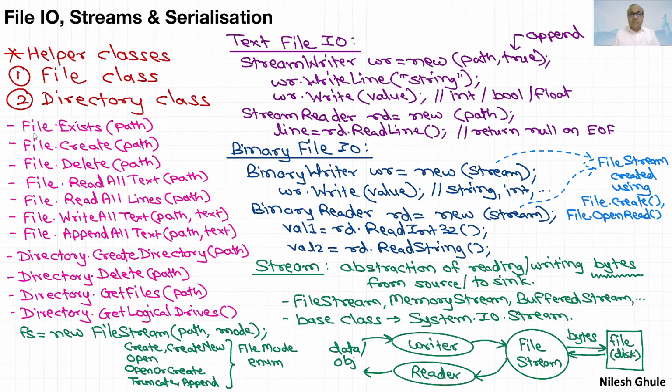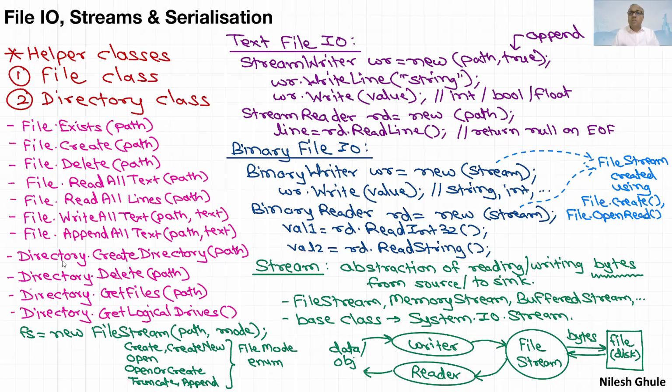You can check that we have a method like File.Exists to check whether the file exists or not. Or we can create an empty file using File.Create. We have File.Delete to delete a file. Then there are methods for reading text from the file, or writing text to the file, or appending text to the file.